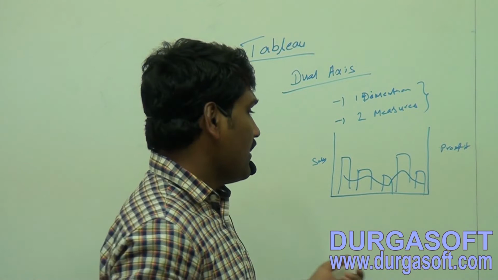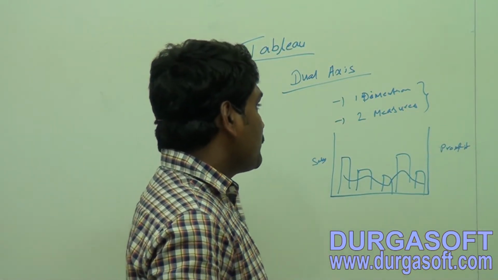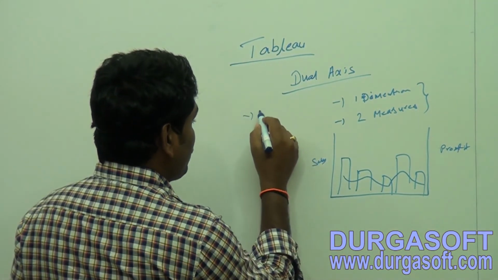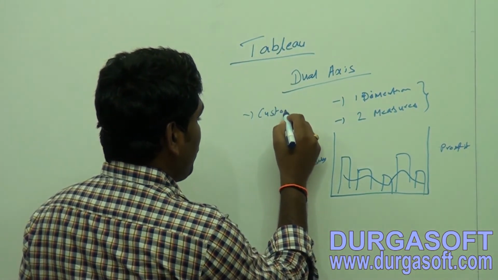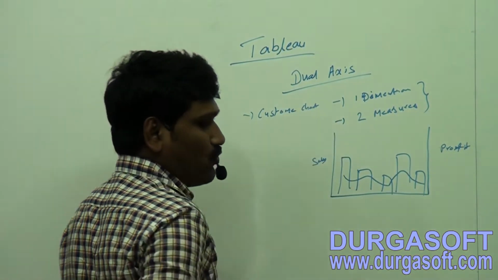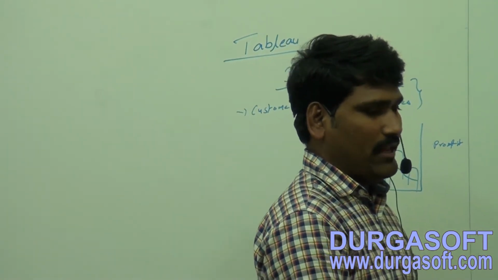This is what a dual axis is. We can also say that this is a custom chart, which we don't have an option for in Show Me. We don't have these options to create a dual axis.